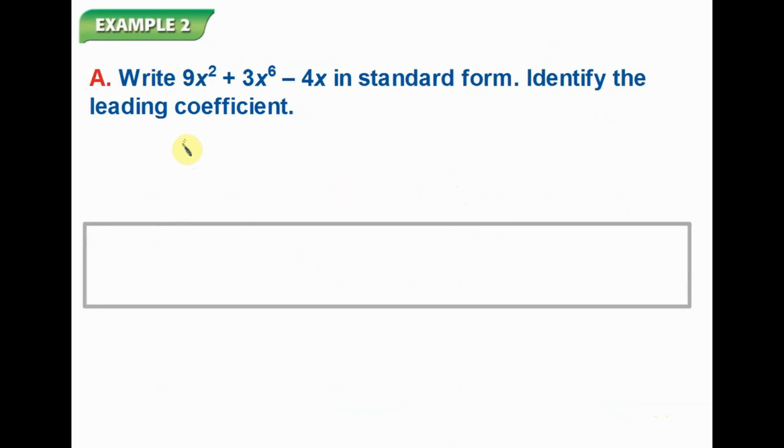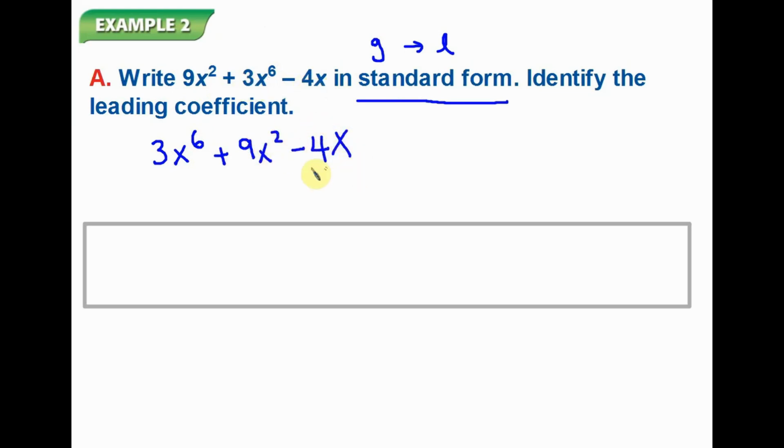Example number 2, part A: write 9x to the second power plus 3x to the sixth power minus 4x in standard form. Identify the leading coefficient. The standard form is for you to write a polynomial from the greatest degree to the least degree. By looking at these three terms, it looks like 3x to the sixth power has the highest degree, of 6. That one goes to the front, and then I have the second highest degree, 9x squared, and I will write the last one, negative 4x.